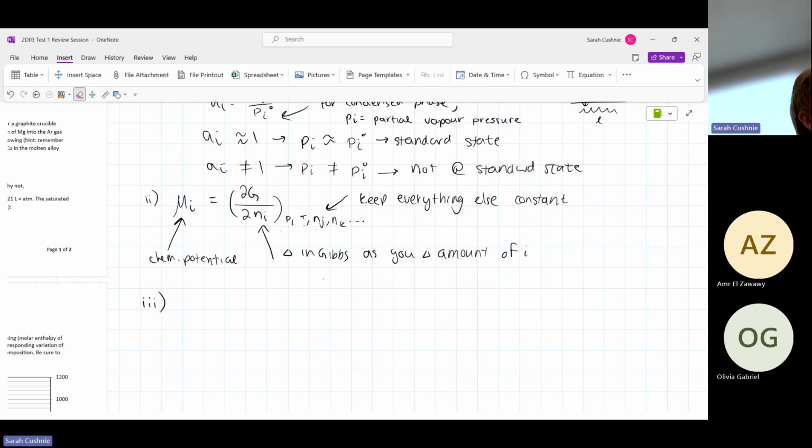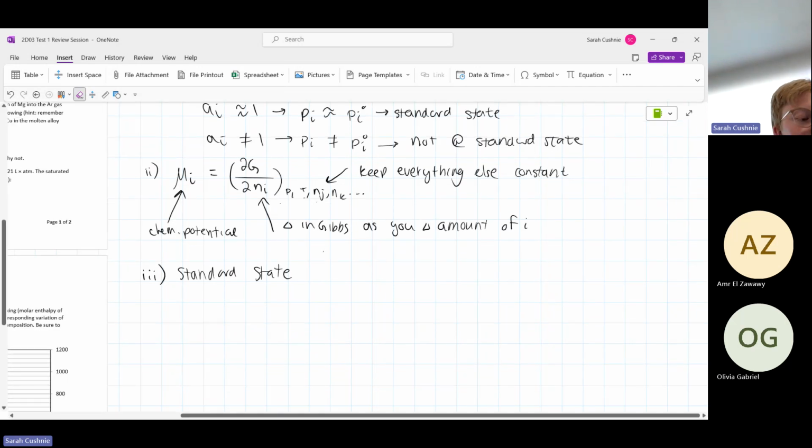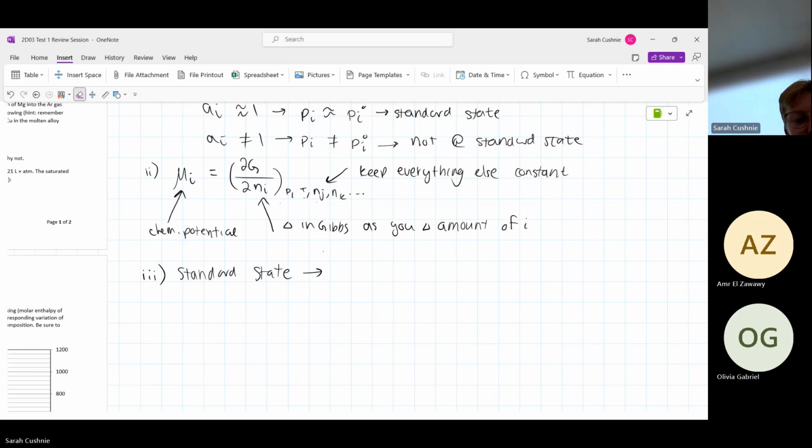The next one was standard state of component i. I actually lost half a mark on this question because I didn't know how to English. It was really upsetting. So standard state is defined as basically the state at which the activity of a substance is equal to 1.